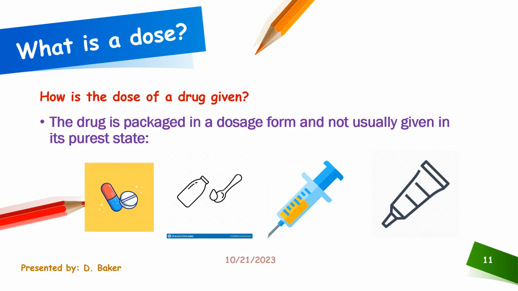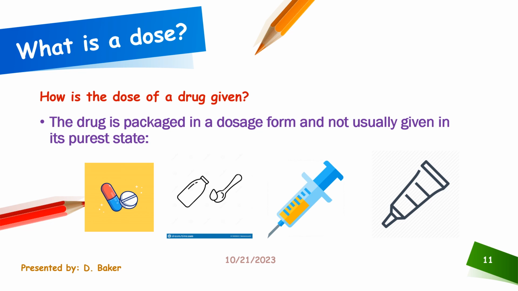Now, when you think about the dose of a drug or the form in which it is presented to you, there are also some things that you must be mindful of. The form that the drug is given in, what you're seeing is not really the drug in its purest state.